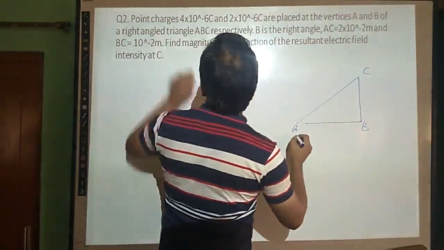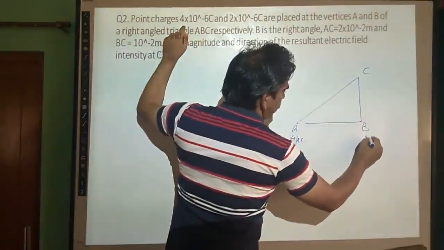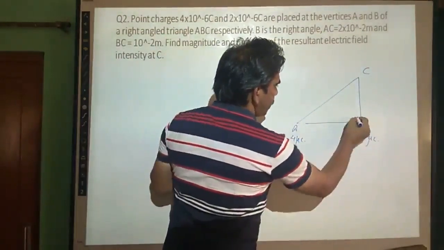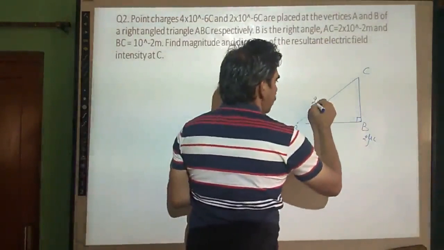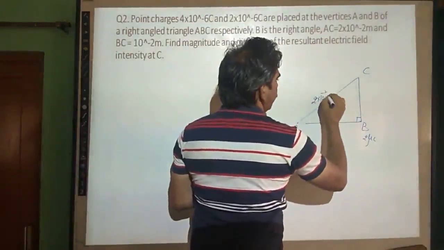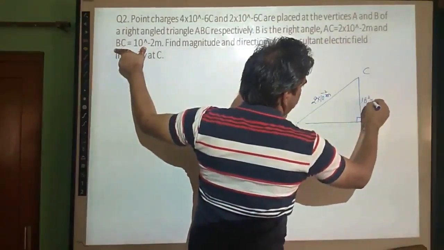So the point charges are lying here: 4 microcoulomb and 2 microcoulomb. It is a right angle here, and AC is given to be 2 into 10 to the power minus 2 meter, and BC is given to be 10 to the power minus 2 meter.